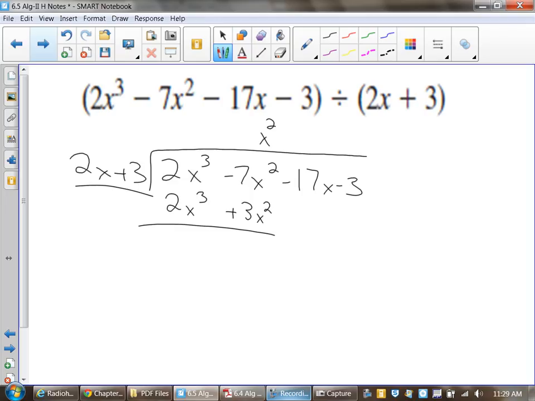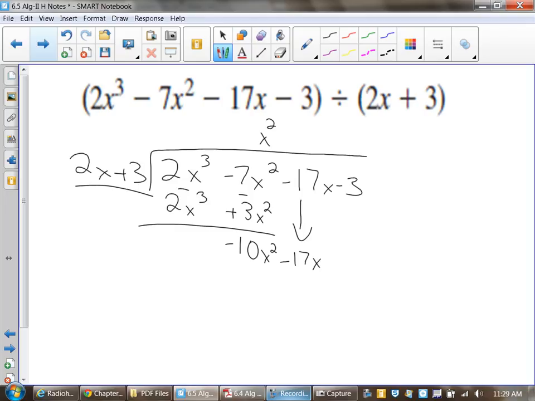Subtract. Each time I go through this, I'm eliminating one of the next highest degree. I have 0x squared now. Negative 7 minus 3 is what? Very good. Drop down the negative 17x.